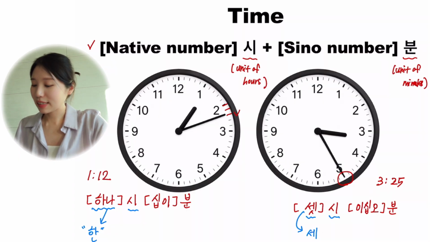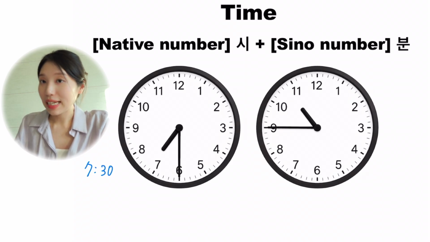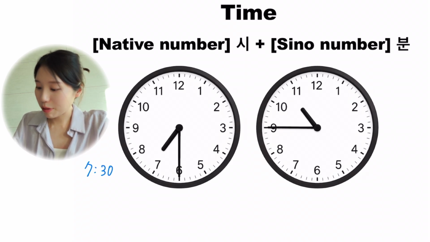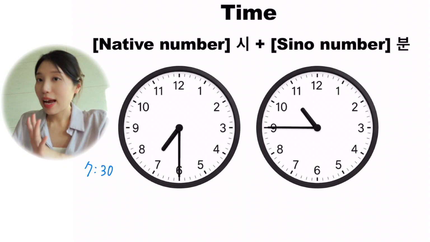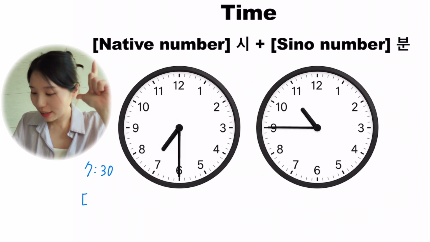Okay, next, it's 7:30. Exactly, 7:30. 7 in native Korean numbers: 하나, 둘, 셋, 넷, 다섯, 여섯, 일곱. Okay, 일곱. And the unit is 시.